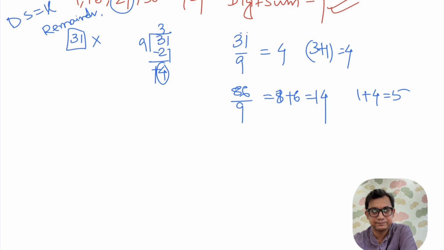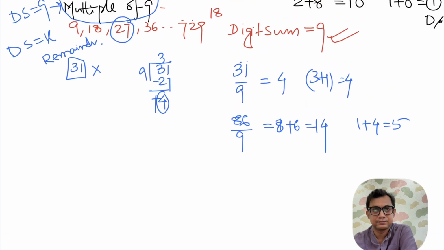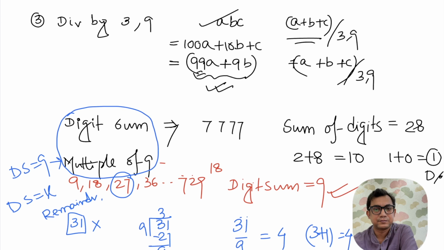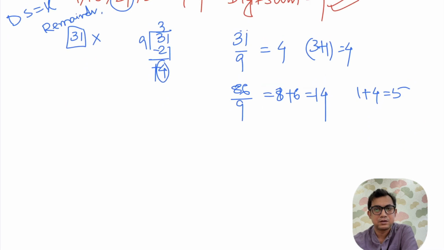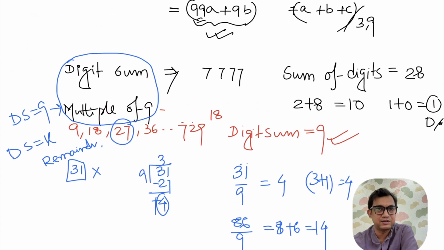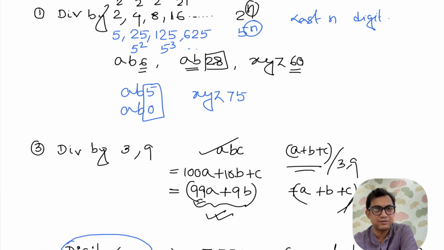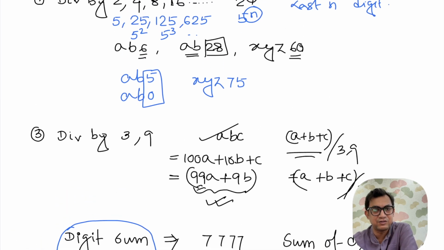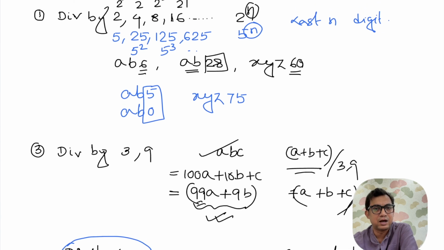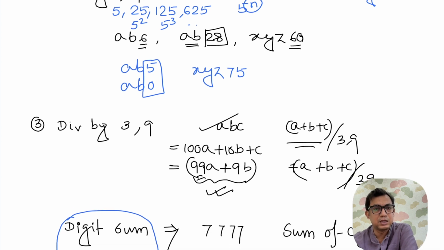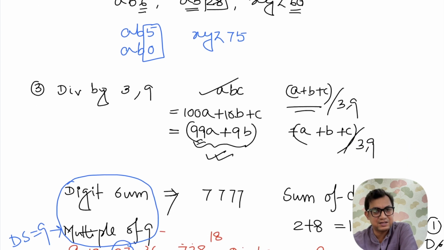Okay. Now, 2 is done, 3 is done, 4 is done, 5 is done. So if you look at it this way, divisibility rules are not an issue. It is easier to understand. Then what am I left with? 6.